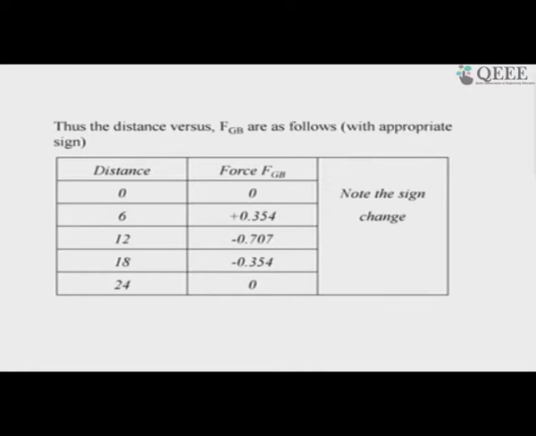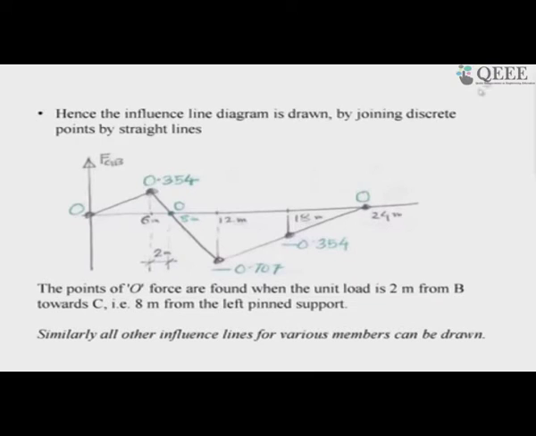Now, please see the results once again. So, yes, this is the thing. If you are here, it indicates that as the unit load moves, I have the member force of the member GB as minus 0.707. That is, it is compressive when the unit load is here onto the floor, and in between, if it is on the floor, I can also determine the effect.